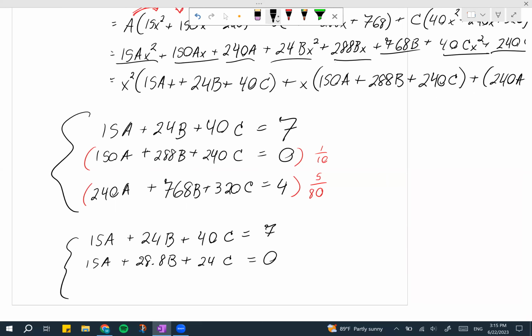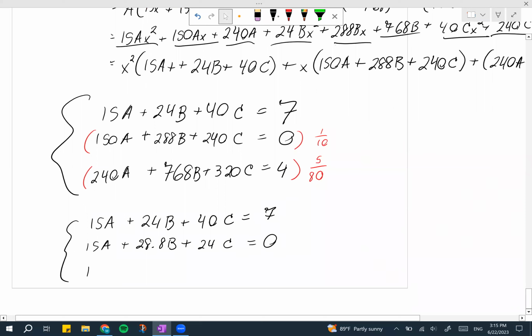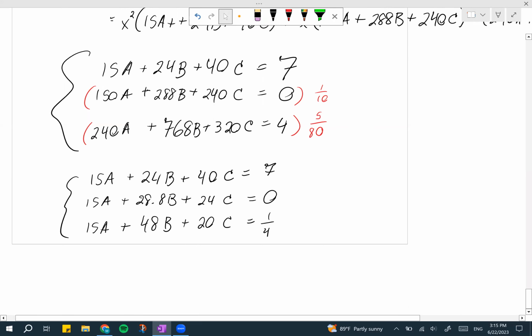And then multiplying by this 5/80, I'm going to get 15a plus 768 times 5/80 is 48b plus 320 times 5 divided by 80 is 20c, which is 20/80, which is 1/4. So whenever we were doing this, it's not too terrible once you've done all the math, but it's just doing the math to get it.